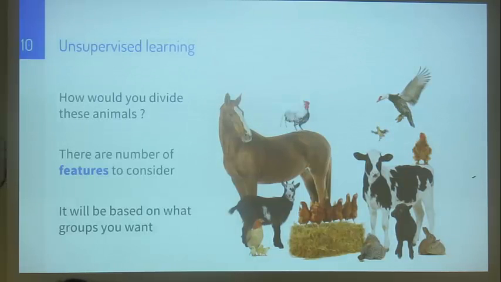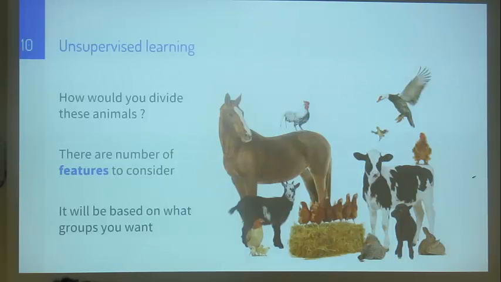Based on those inputs, the machine can group similar animals into similar groups. If we get features like they have 4 legs and are mammals, and we give the machine only those 2 features, the machine can cluster similar animals into similar groups. We are not telling it which animal is which, but the machine clusters by itself.